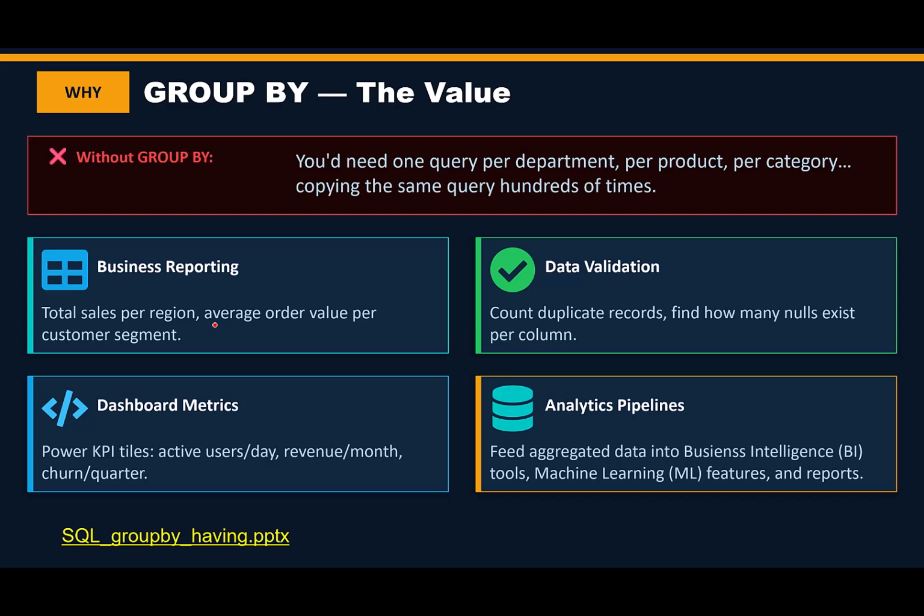For each department, you have to do a SQL select statement, and group by gives you all of that in one select statement. So that certainly makes your job in your life much easier.